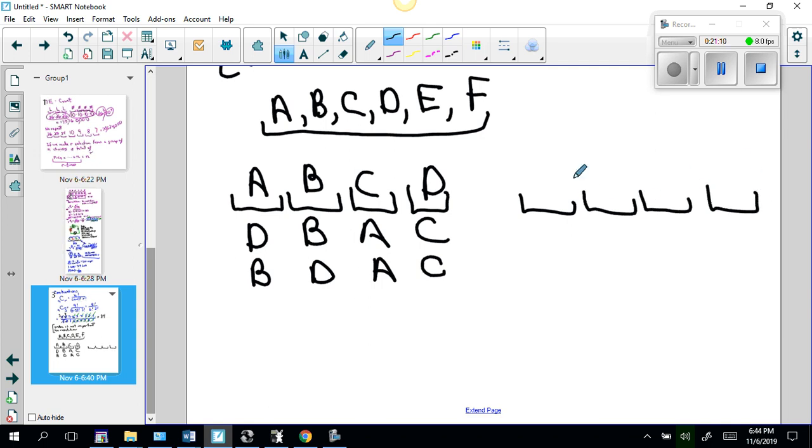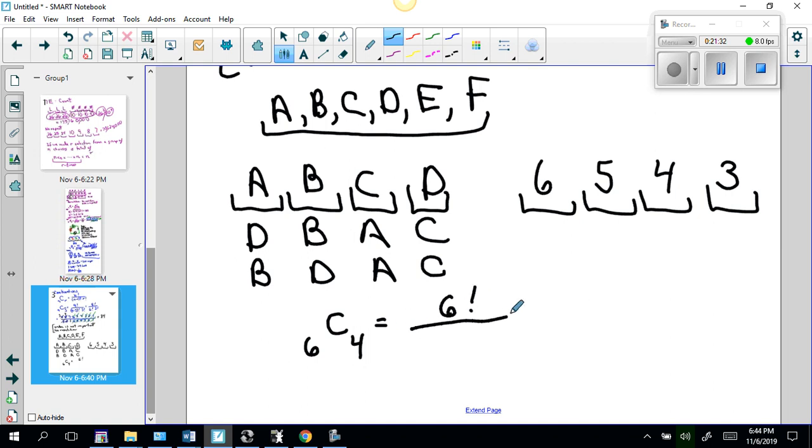This is where order is important, and I go, there's 6 choices, 5 choices, 4 choices, 3 choices. And that's a permutation problem. And it's not that, though. It's something harder. But what it is, it's 6 choose 4.